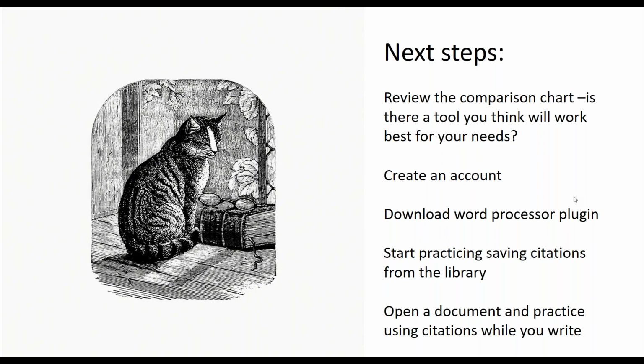And then I would literally start practicing saving citations wherever you find them, from the library, from Google Scholar. And later, if you want me to show you how to do that from Google Scholar, I can do that. And then I would open up a document, whether you're using Word, Google Docs, or some other tool, OpenOffice, for example, and practice using citations while you write.